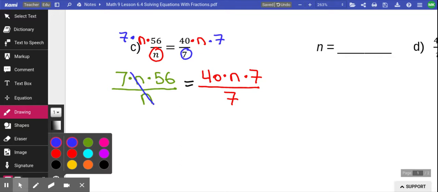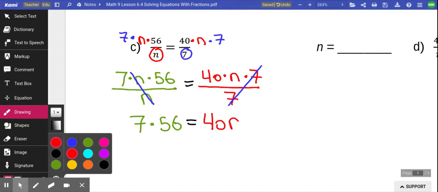And because they're both being multiplied, all the things on top being multiplied, I can cancel those n's out, which means I now have 7 times 56 on the left-hand side. On the red side, or the right-hand side, I notice that I have a 7 on the top and a 7 on the bottom. So those are also going to cancel out, now leaving me with just 40n.